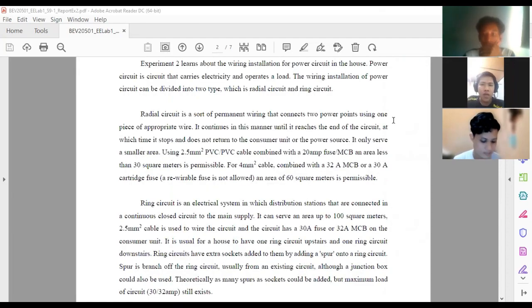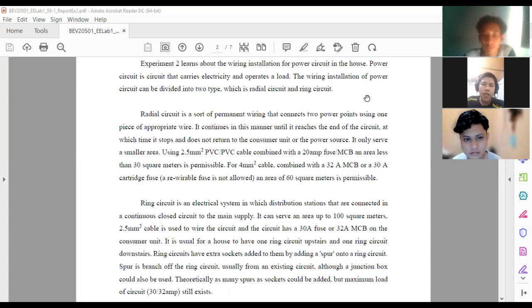Okay, so for the introduction, our experiment 2 is to learn about the wiring installation for power circuits in the house. The power circuit is a circuit that carries electricity and operates a load. The wiring installation of a power circuit can be divided into two types, which are radial circuit and ring circuit.